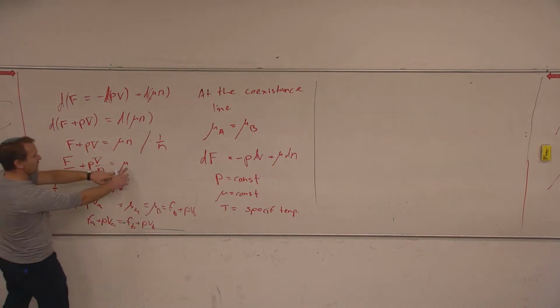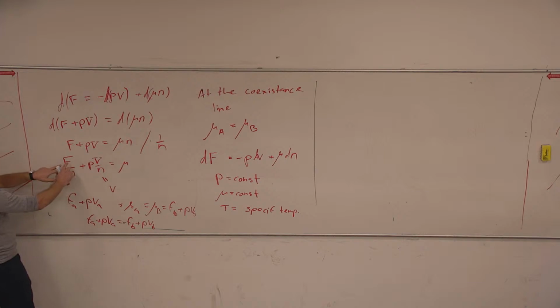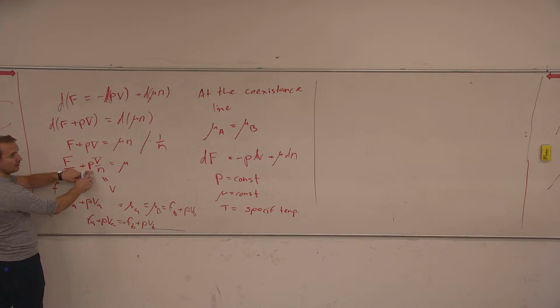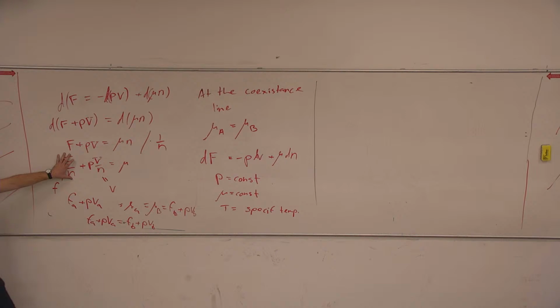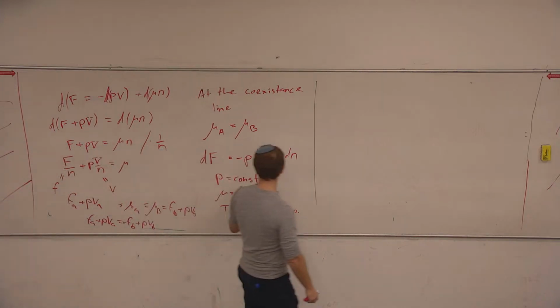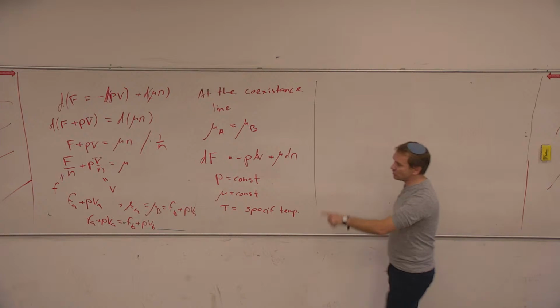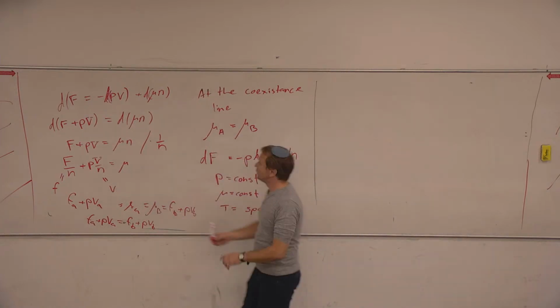I found the value of the chemical potential given that I have the knowledge of the free energy, the pressure, and the volume. Now, the free energy can change from one phase to another. The volume can jump from one phase to another. Exactly at this point, I do not care if I'm in a liquid phase or in a gaseous phase, P stays constant. And from this equation, I can find this P.